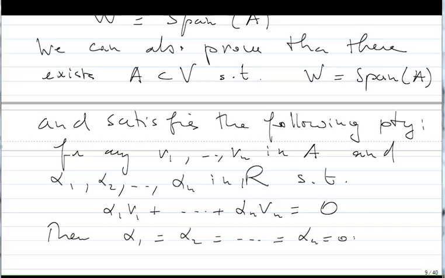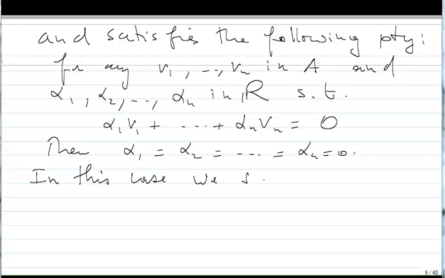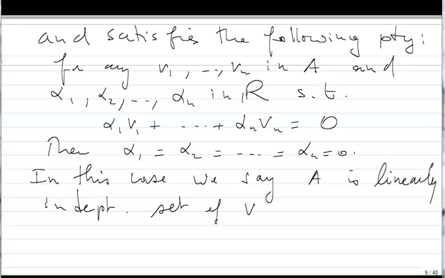So in this case, this property is known as linear independence. We say A is a linearly independent set of vectors.